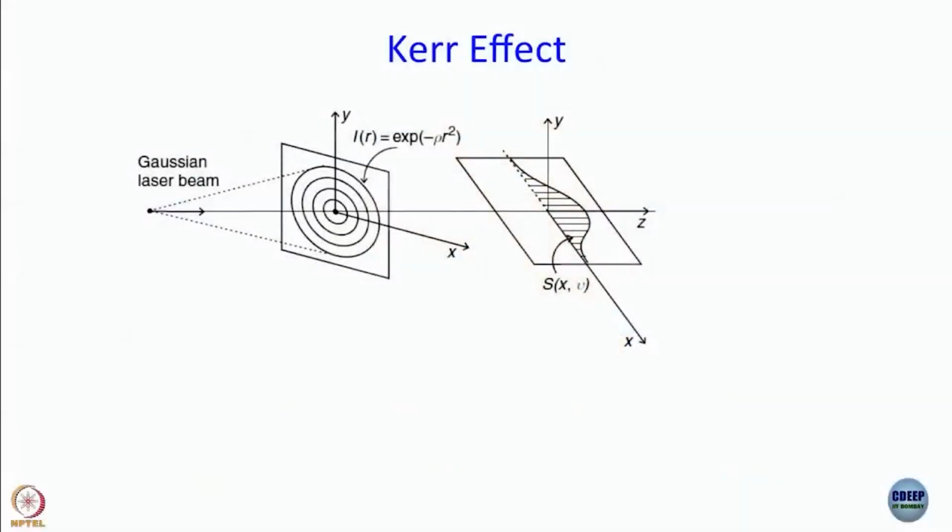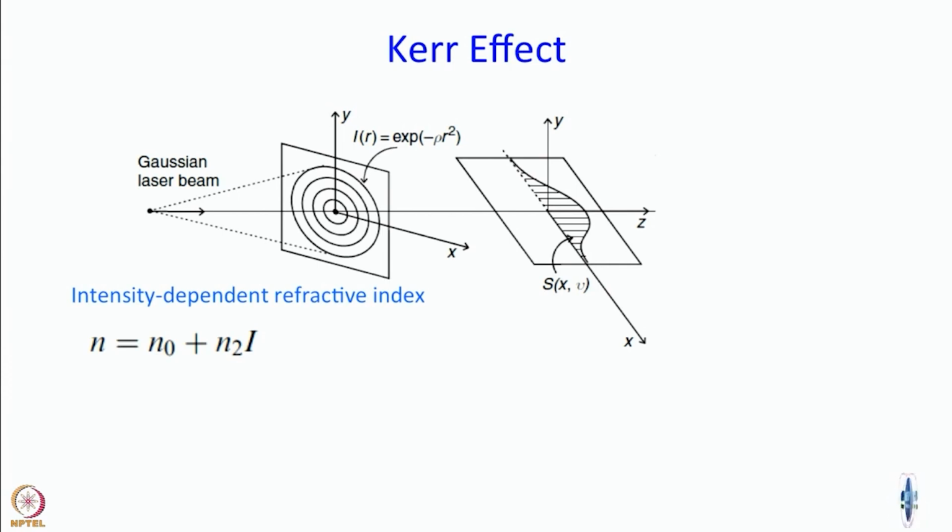Now, let us talk a little bit about the Kerr effect. Kerr effect says that if you have an intense beam, then it can modulate the refractive index of the medium on which it is incident. And without going into further detail, this is a nonlinear optical phenomenon. We are going to talk about nonlinear optics a little bit later on, but today let us just take it axiomatically.